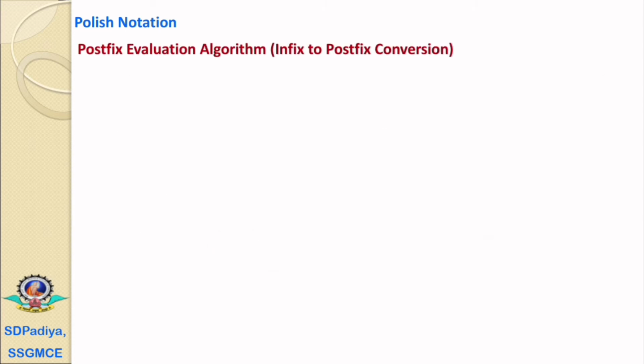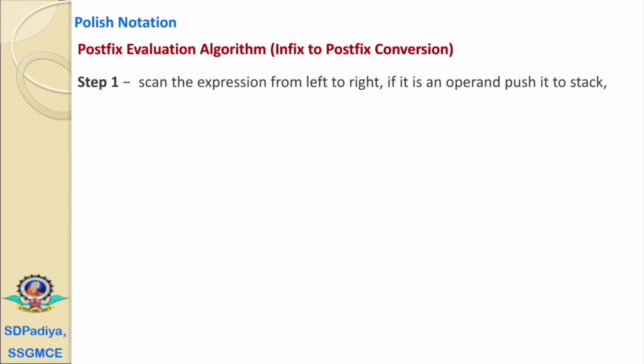Now we'll move to the next topic, that is the postfix evaluation algorithm, an algorithm to perform the conversion of the infix notation to the postfix notation. To perform this, the first step is to scan the given expression from left to right. If it is an operand, then push it to the stack. But what is the stack?